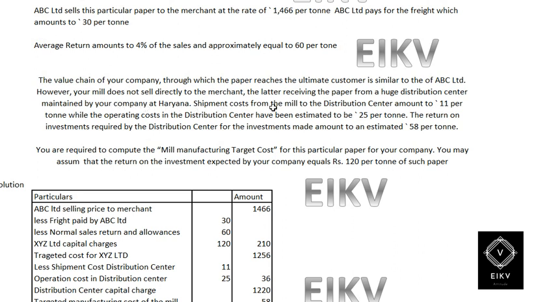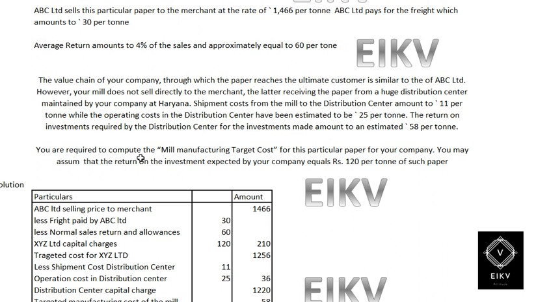The shipment cost from the mill to the distribution center amounts to 11 per ton, while the operating cost of the distribution center has been estimated at rupees 25 per ton. The return on investment required for the distribution center amounts to rupees 58 per ton.